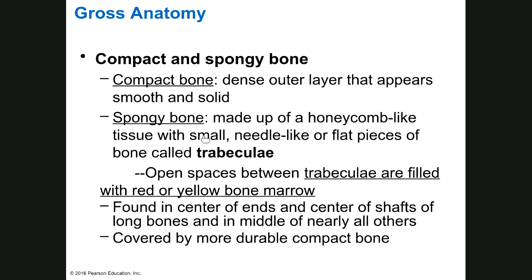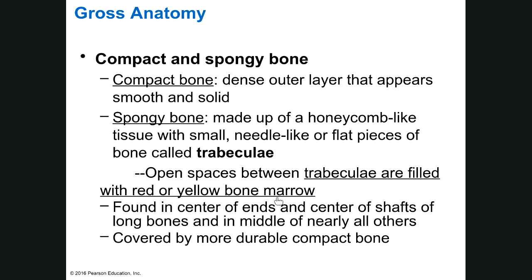But what are these little honeycomb-like structures? They're called trabeculae. These are little open spaces, like little holes, like a honeycomb network. The holes in the trabeculae are going to help hold bone marrow.